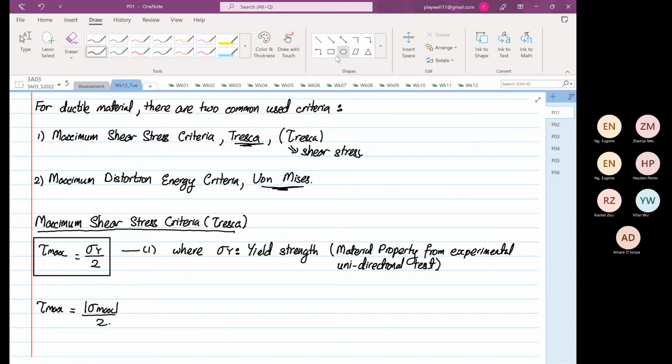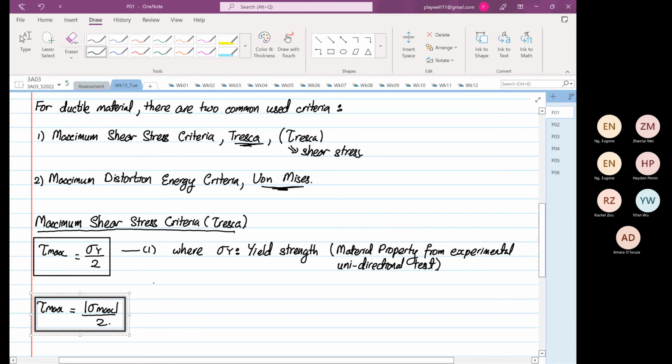You can see how we determine them is different. Equation 1 is a material property.